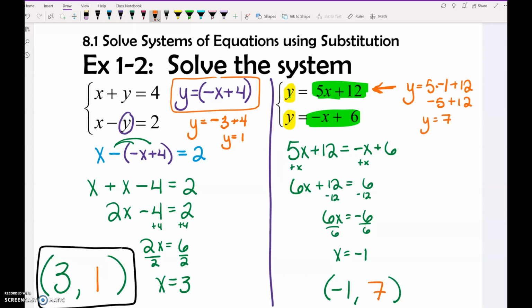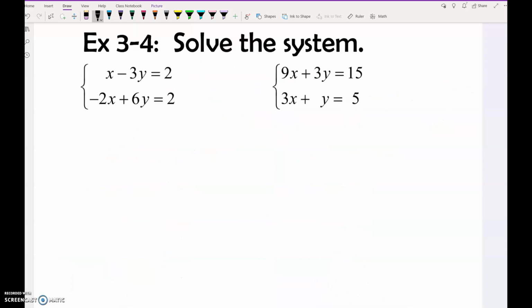But you could also plug it into this bottom one. -1, so that'd be +1 plus 6 is 7. It doesn't matter which equation you choose. Use the one that you feel looks the easiest so that you will make the fewest mistakes and get the answer -1, 7.